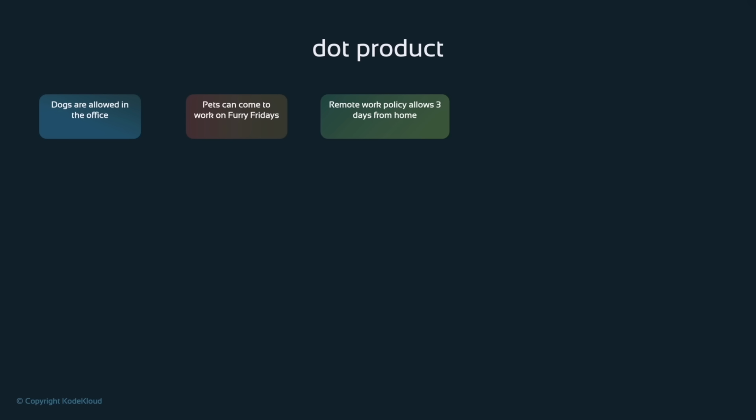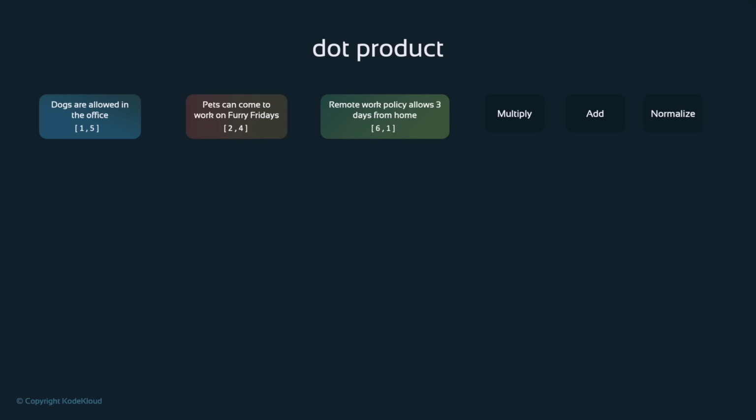So here's how it works in simple terms. For the sake of simplicity, I'll convert the vectors for each sentence into two-dimensional vectors of simple numbers. So "dogs are allowed in the office" gets a vector value of 1, 5. The second sentence gets 2 and 4, and the third one gets 6 and 1. The process involves multiplying the vectors, adding them, and then normalizing them.